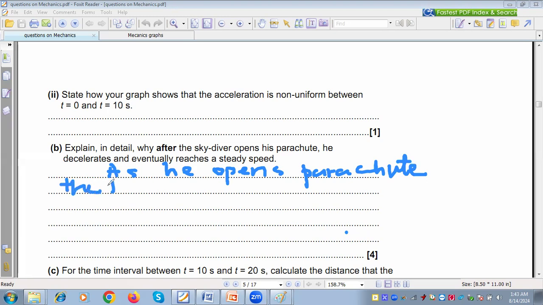I am writing D, the upward force, becomes greater than W. He decelerates.